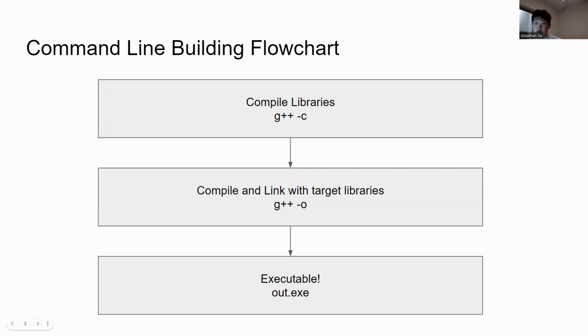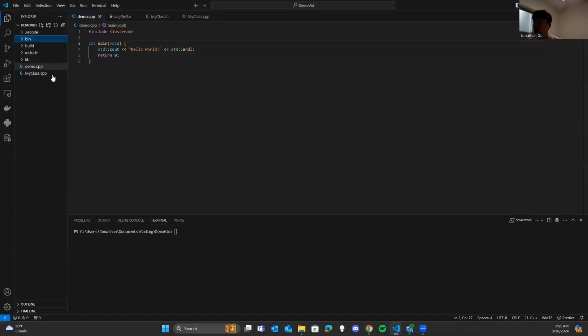Here I've created a project with exactly the structure that we mentioned before, with the bin, build, include, and lib folders. Here we have a really basic hello world program.